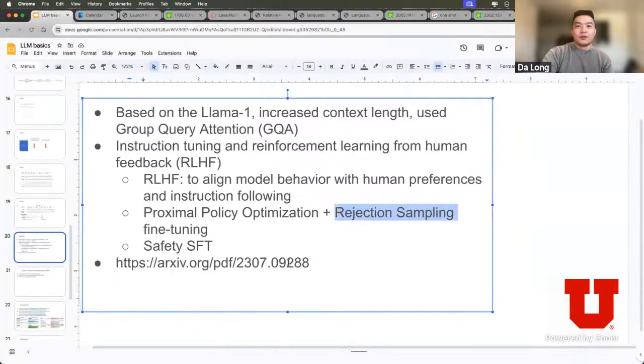And since they publicly released Llama, they have to consider safety. Safety is the priority, right? So to enhance safety, they use supervised fine tuning and also reinforcement learning.